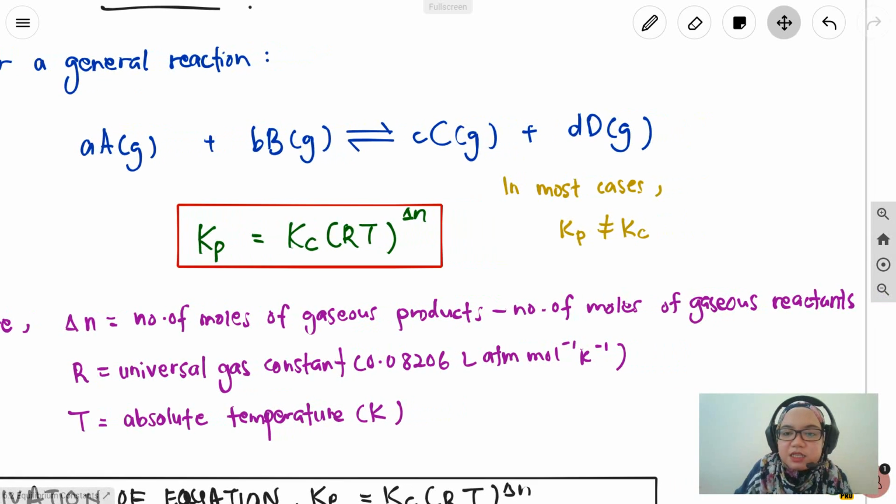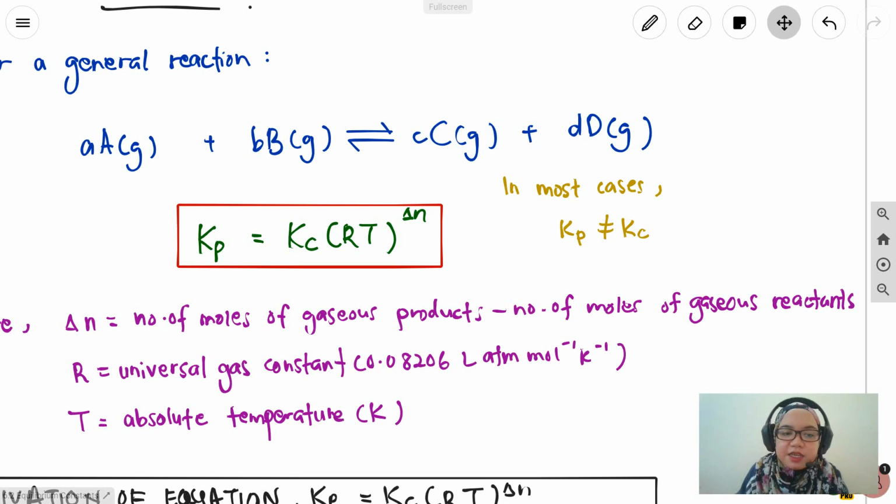So that means it equals small letter c plus small letter d minus small letter a plus small letter b, because the small letters represent the stoichiometric coefficients as well as the moles of the product and the reactant. So that is why delta N is equal to c plus d minus a plus b.